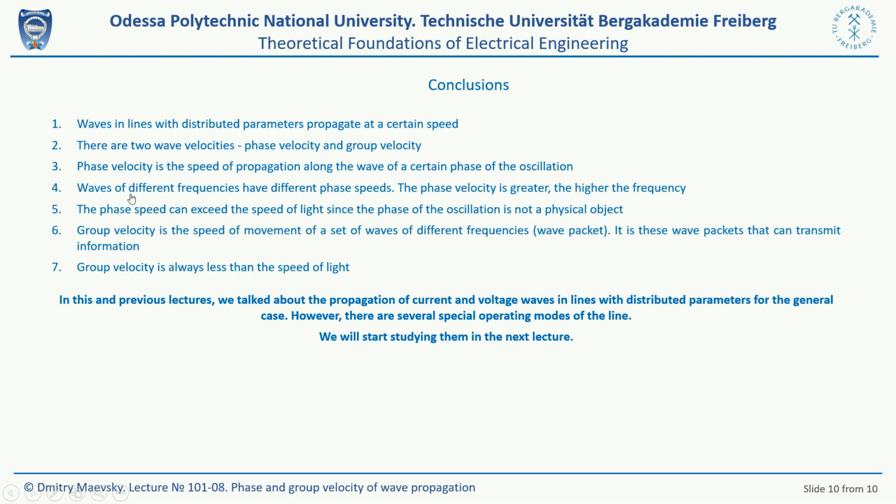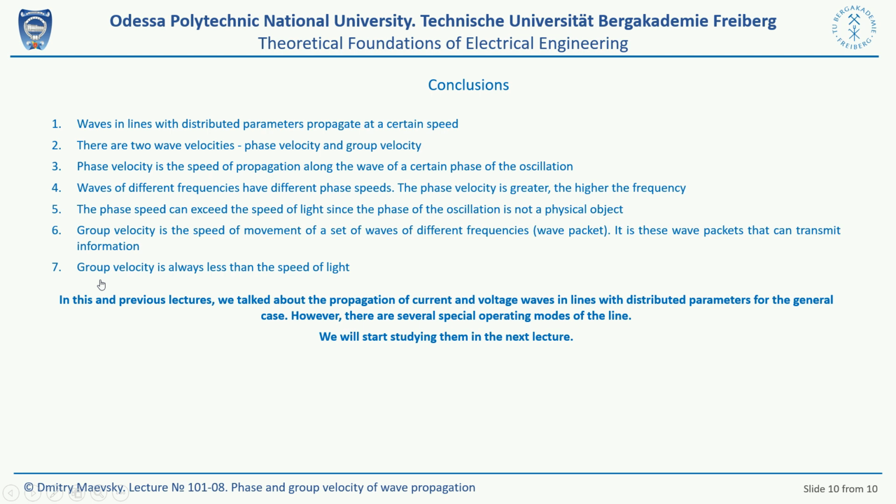Waves of different frequencies have different phase velocities. The higher the frequency, the greater the phase velocity. The phase velocity can exceed the speed of light because the phase of the oscillation is not a physical object.